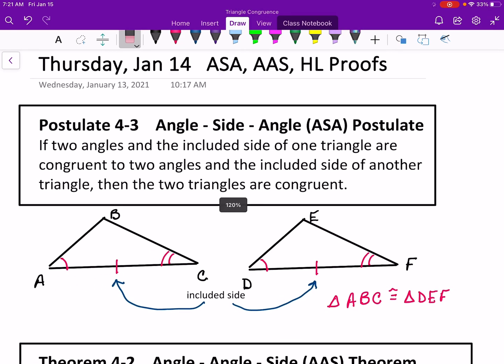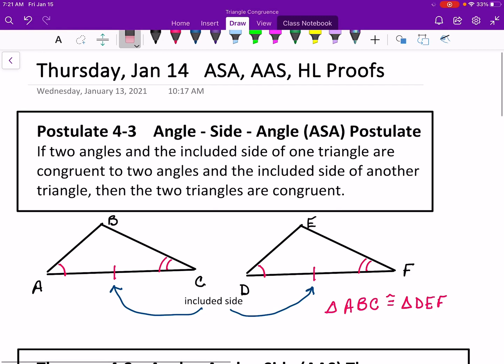If you need a little convincing, just think of it this way. If two angles of a triangle are congruent, then the third angles have to be congruent also, because they add up to be 180. We've already talked about the third angles postulate. And so we know all the angles match up. There is no AAA theorem or postulate, but when we know the one side, the side between these two angles, the side will determine how big or how small the triangle itself is.